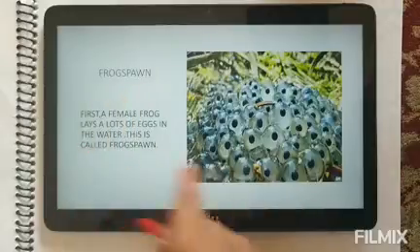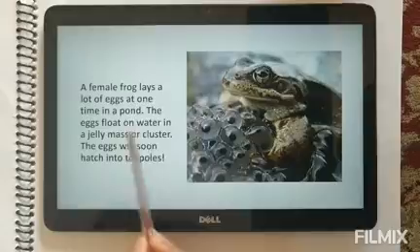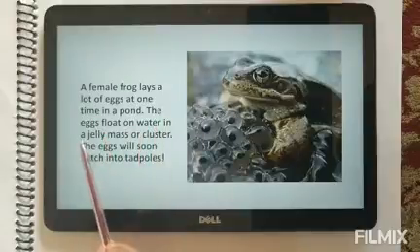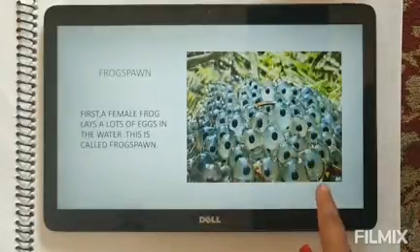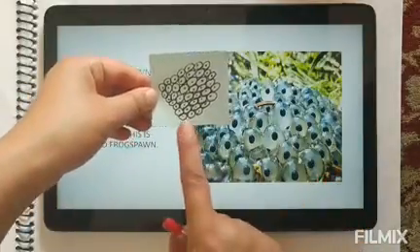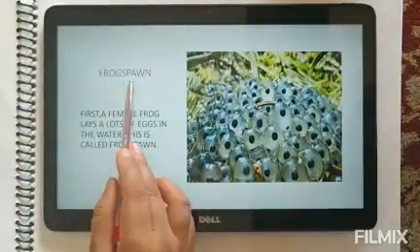Okay, this is a new term now. And the eggs float on water in a jelly mass or cluster. So all the eggs are in a cluster and they float. Okay. The first stage, eggs, they are in a cluster and they are called frog spawn.